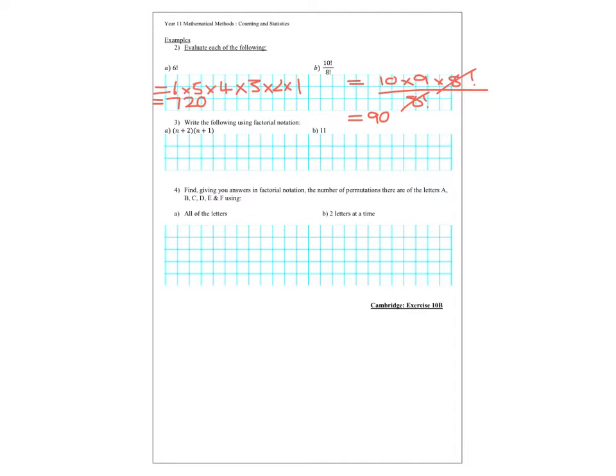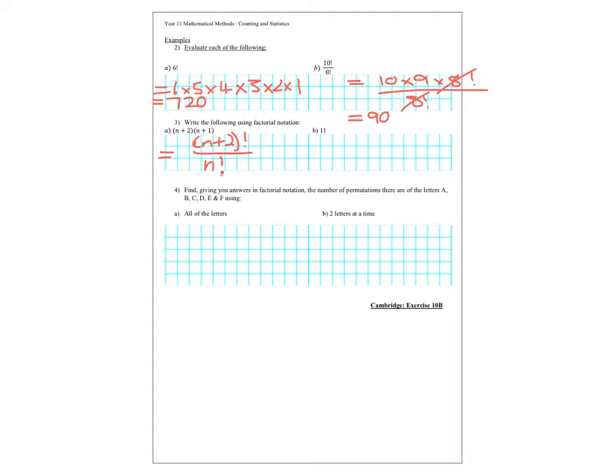Then if we want to write the following using factorial notation, this one's a little bit trickier, but hopefully you can see that if we want to get n plus 2 times n plus 1, alright, n plus 2 primed would be n plus 2 times n plus 1 times n times n take 1 times n take 2, etc. So if we divide this by n primed, we're just going to be left with n plus 2 times n plus 1.